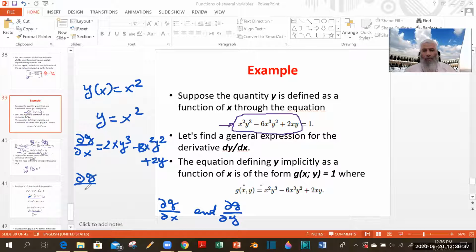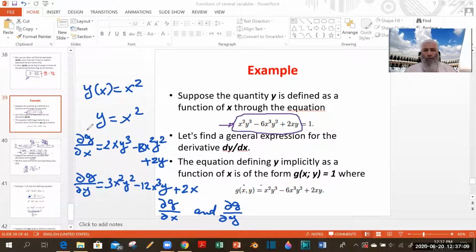And dg dy is with respect to y, so it would be 3x squared y squared, minus 12x cubed y, plus 2x.